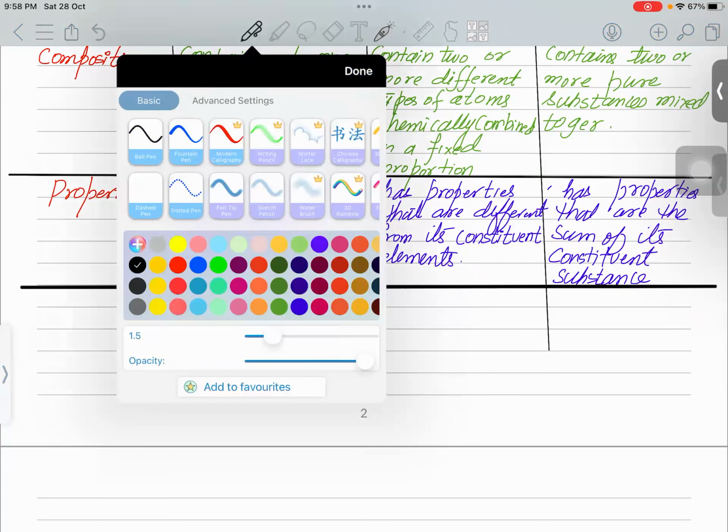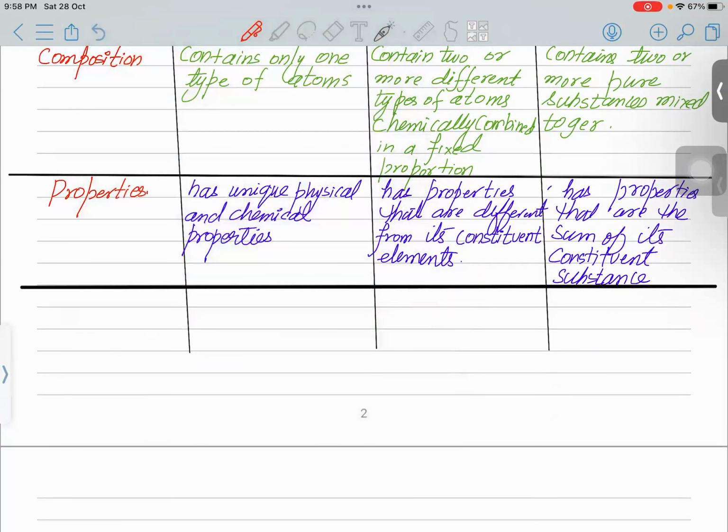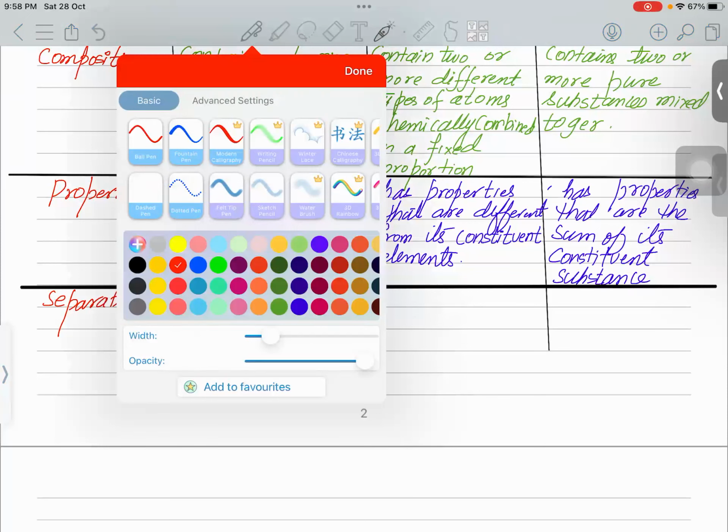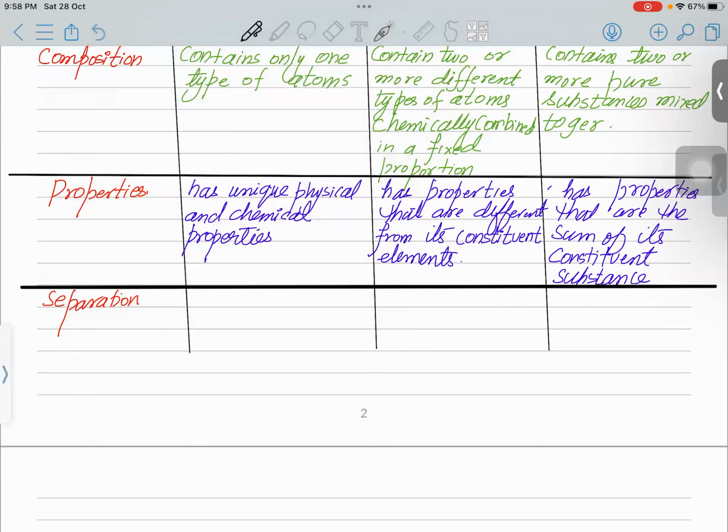Now third is separation. Can you separate element? No, sir. It cannot be broken down into simpler substances by chemical means, right?